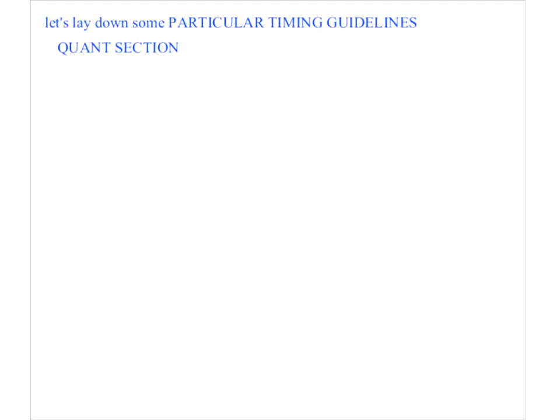Who knows? Probably most of you know. What's the average time for a problem on the quant section? Go ahead and indicate in the text box. Yeah, it's almost a perfect 2 minutes. So in the quant section, the average time per problem is 2 minutes.